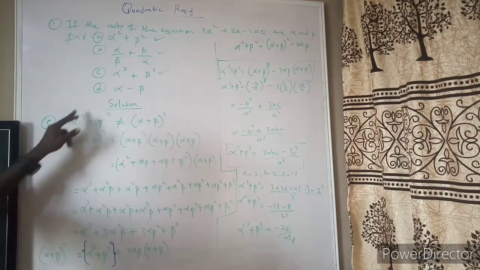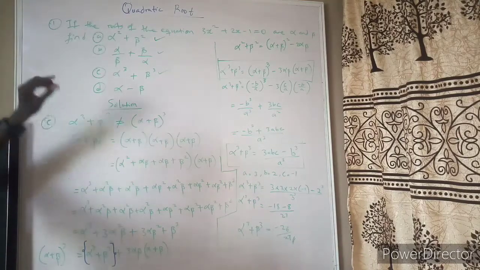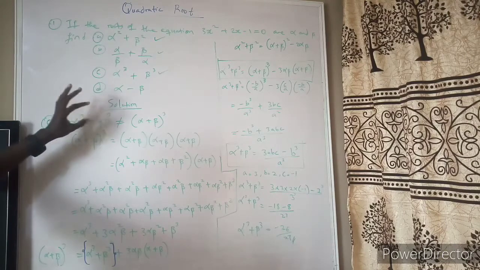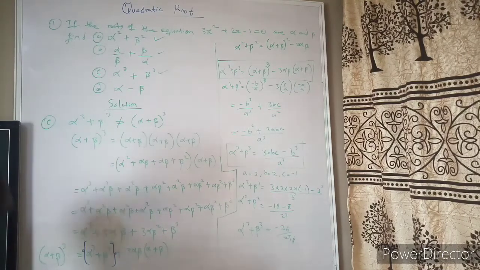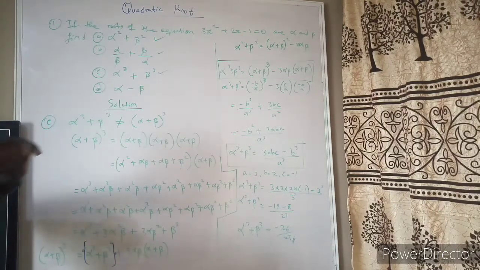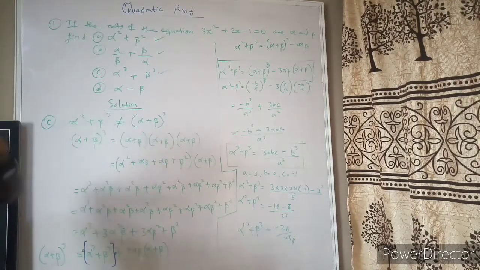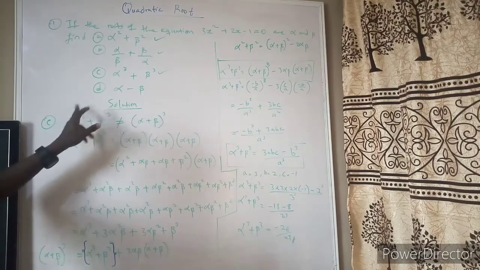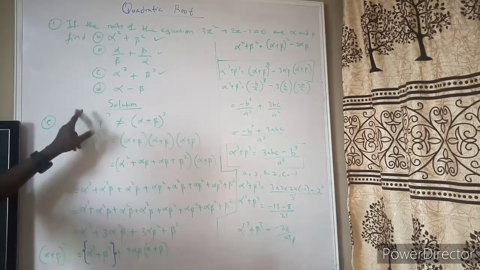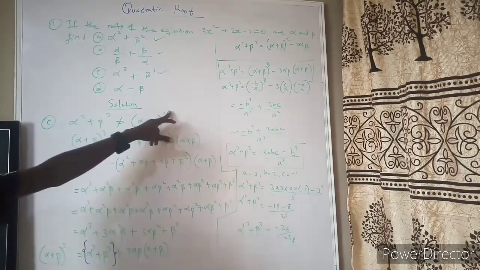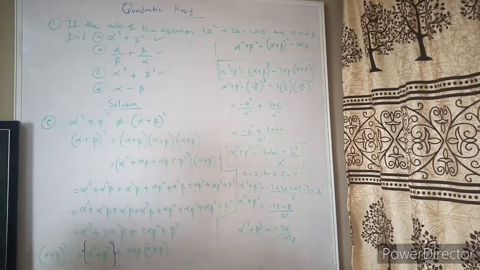And whenever it is in this form, always bear in mind that for you to have a sum of two perfect cubes, it is simply the expansion of the binomial with the power of 3. If it is sum of two fourth powers, same thing. And also if it is difference of two squares, you now apply that difference of two cubes, like that.